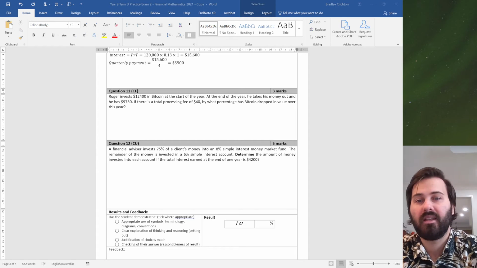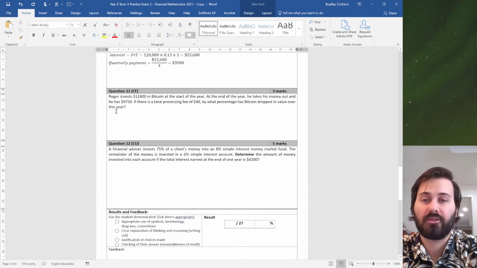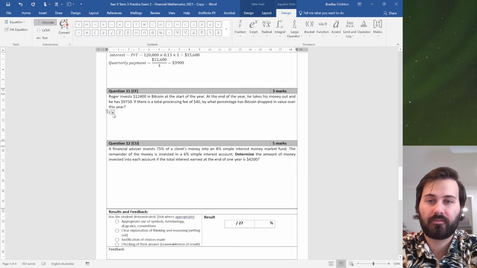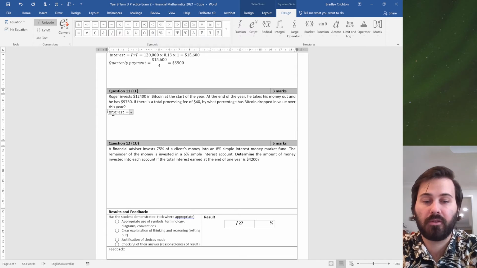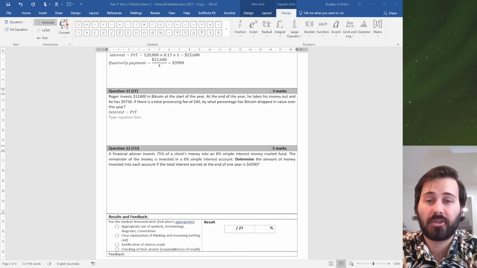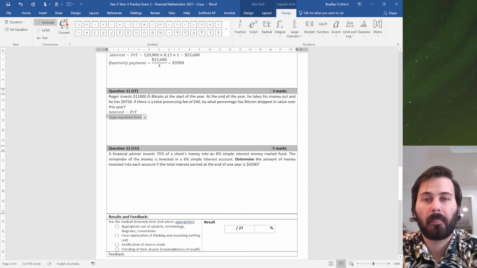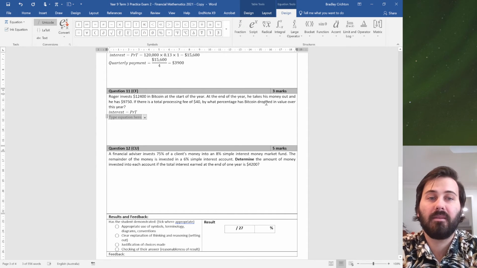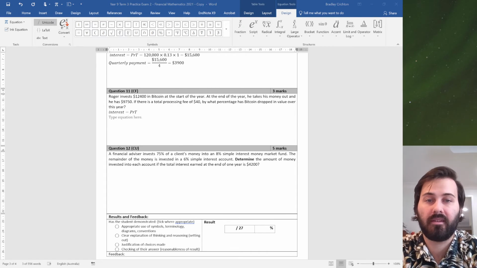Okay, so let's look at our interest formula once again. Interest is equal to PRT. Now, our interest here, at the end of it, when he takes the money out, he has $9,750. So, let's have a little look here.